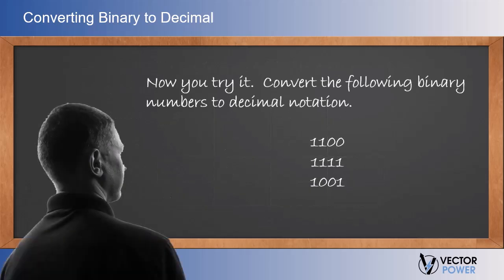Okay, now you try it. Convert the following binary numbers to decimal notation. Start with 1100, then go on to 1111, and finally convert 1001.